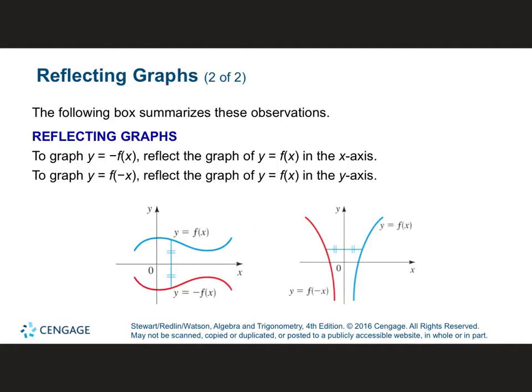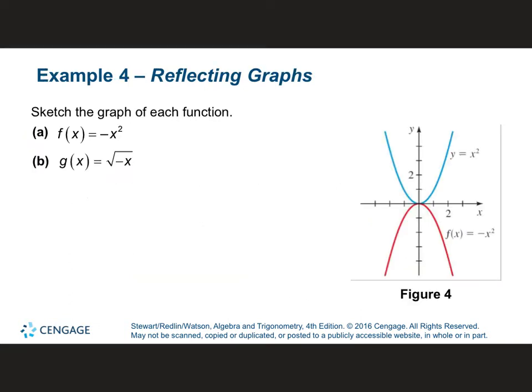Next, we're going to be looking at reflections. If that negative is in front of the parentheses, then we are reflecting across the x-axis. If that negative is inside the parentheses in front of x, then we're reflecting across the y-axis. So if we look at example A here, we have f of x is equal to negative x squared. There's no parentheses happening here. There's no symbols between that negative and that x squared.